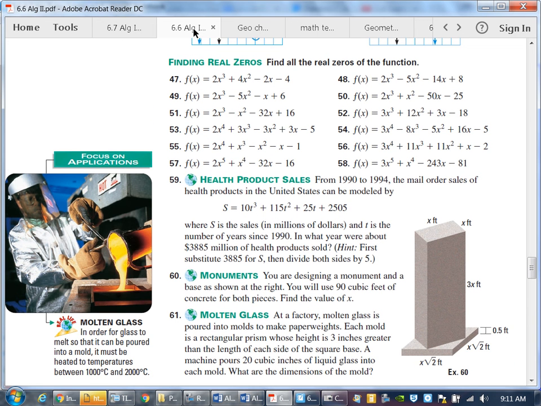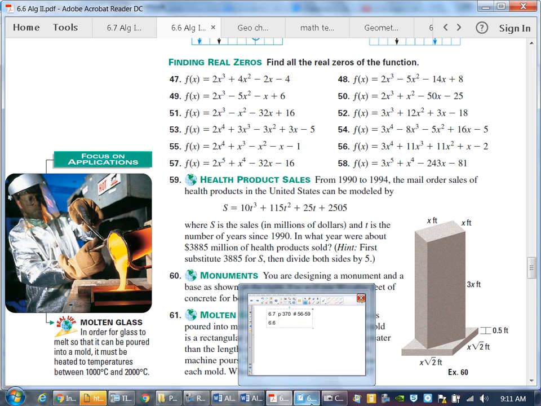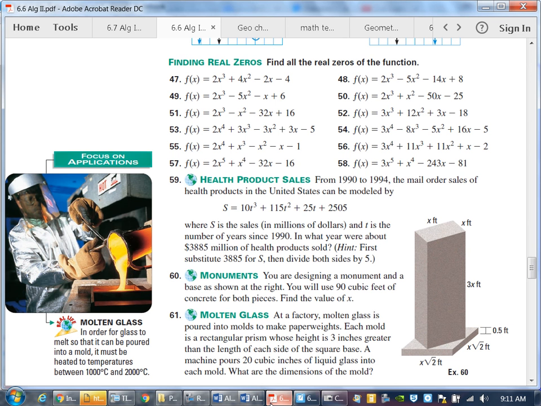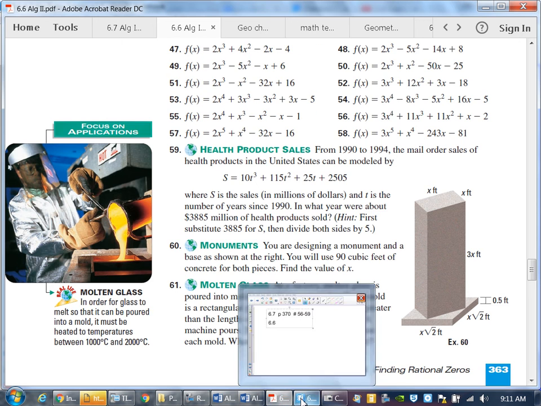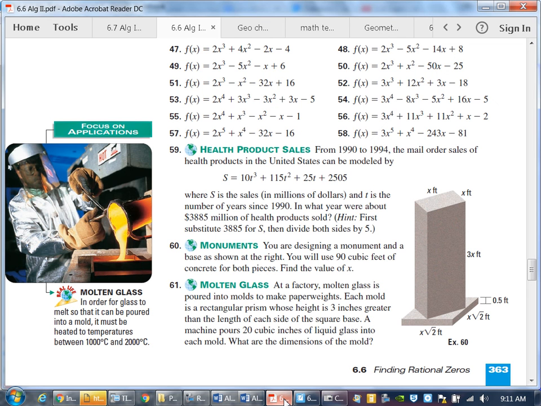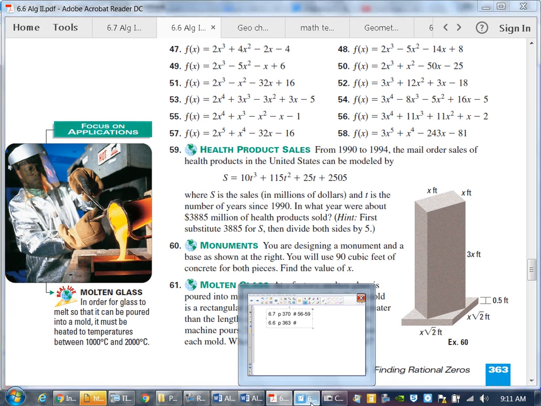Right there. 51, 57. To what page? It would be 51, 57.